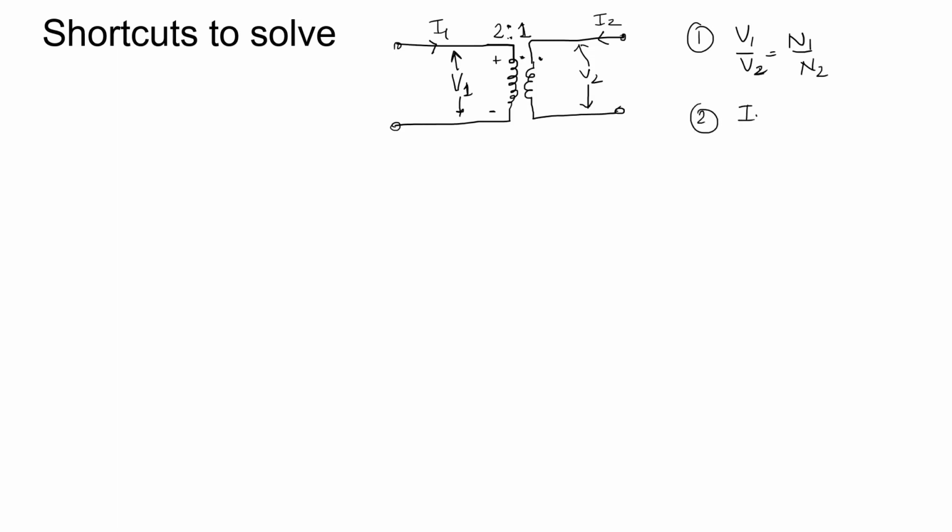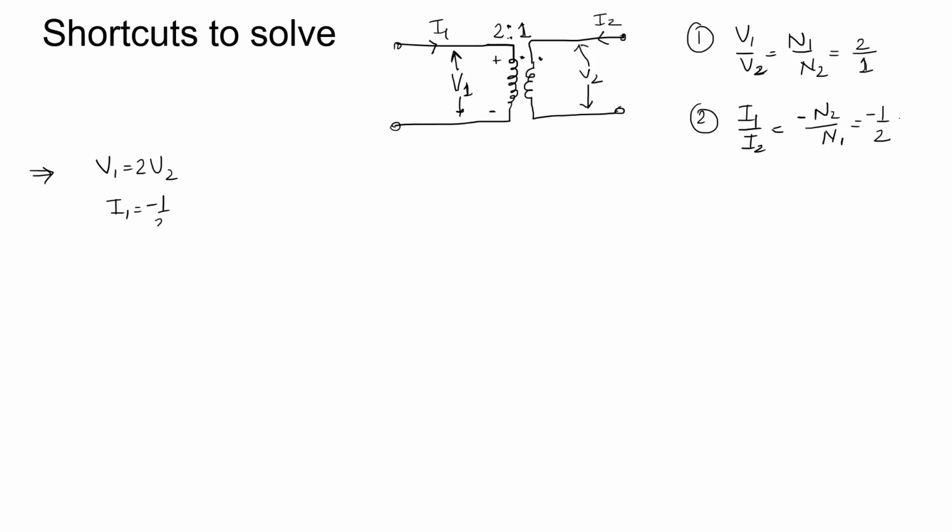The two equations which we need to keep in mind are, first, V1 by V2 is equal to N1 by N2, and the second, I1 by I2 is equal to minus N2 by N1. What is this?